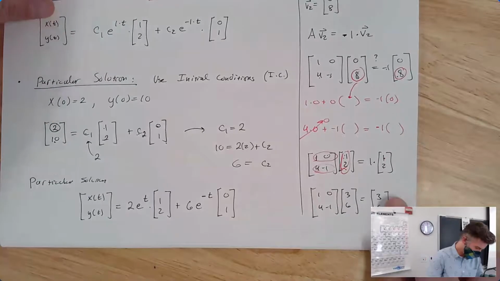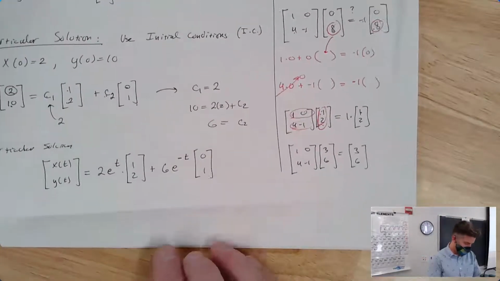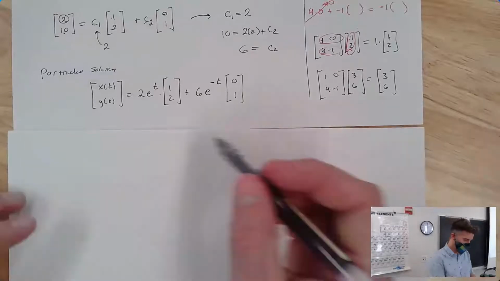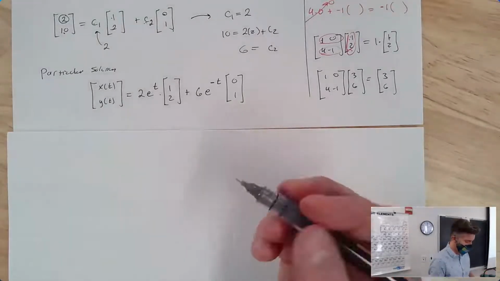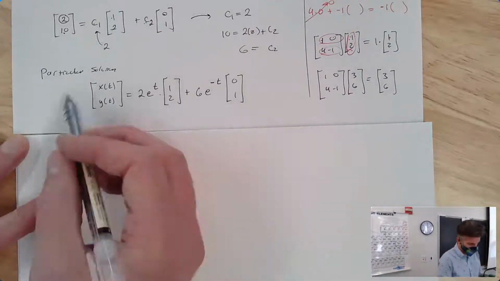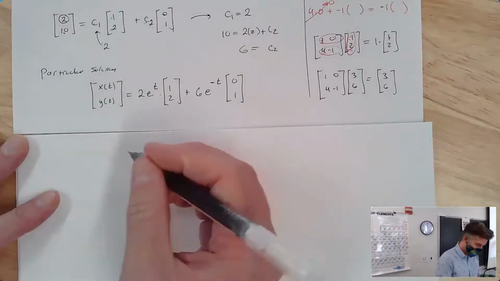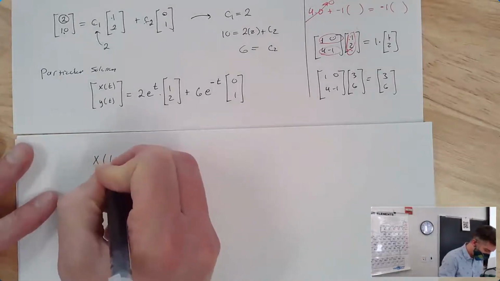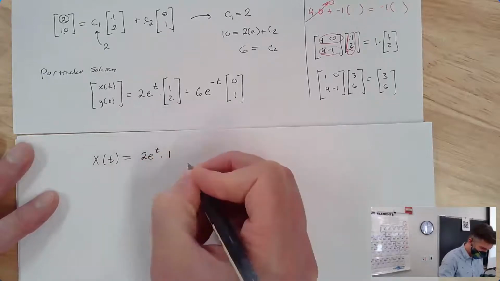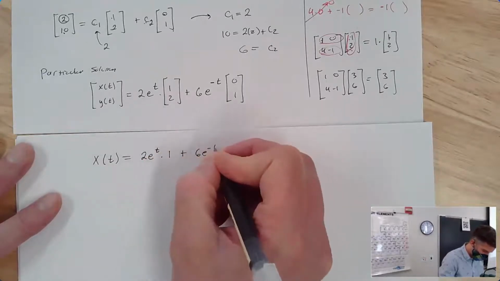Somebody might, on occasion, ask you, well, what's the behavior of x? Like the first thing as time goes on, and then you could actually write out just what x is. So this is how you should write the answer, but it's also fine to say, whoa, x is just the first row. So x is 2 e to the t times 1 plus 6 e to the negative t times 0.